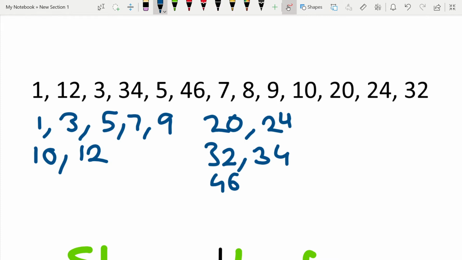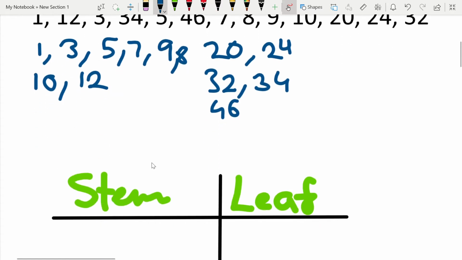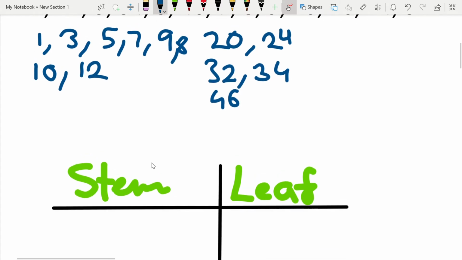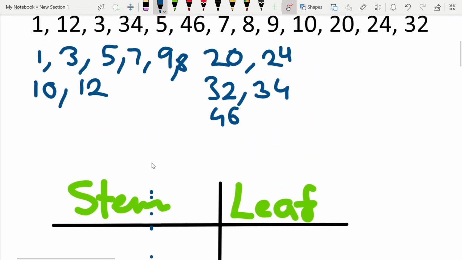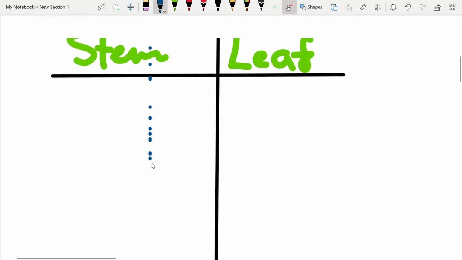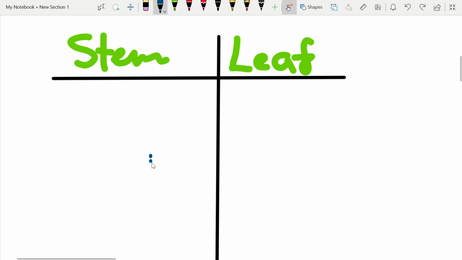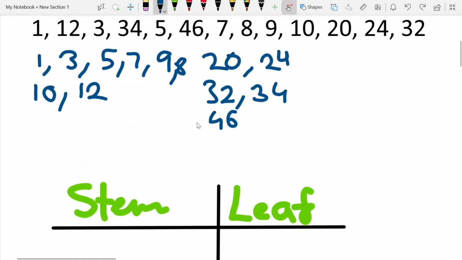If I did miss any, don't worry. I do see one that I've missed out on, but if I have missed any other, it will still work out fine. So let's first look at the numbers between 1 to 10. We've got 1, 3, 5, 7, 9, and 8. In the stem and leaf plot, we will be looking at the base number of these.